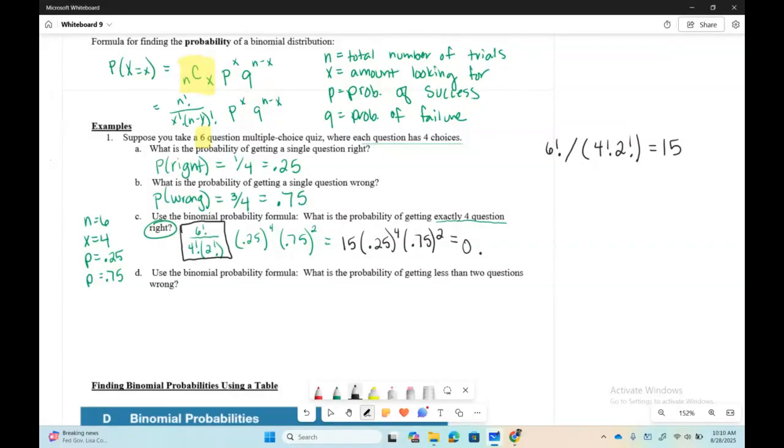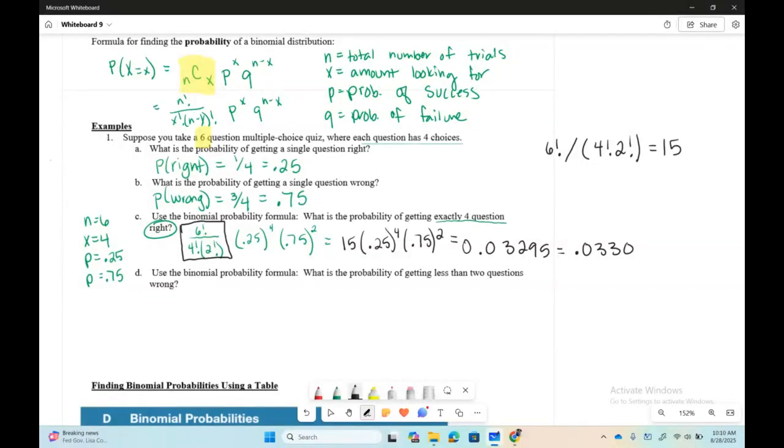Hold on, let me do that again. 15 times 0.25 to the 4th times 0.75 to the 2nd. Okay, yep, that's right. I got 0.0329, so I'm going to round that to 0.0330 if I needed to round to 4 decimal places, because there's a 5 here.